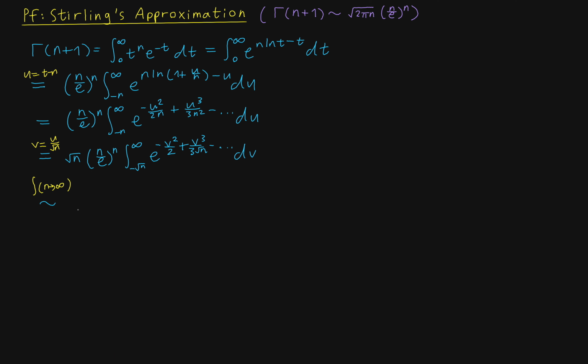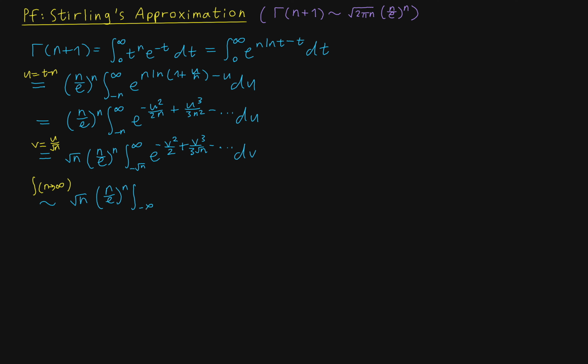And so now this is going to be square root of n times n over e to the n. And now notice that from our power series expansion, everything else except for the first term has a factor of n in the denominator, right? So when we take the limit as n goes to infinity, those are simply going to cancel out. They're going to go to 0.